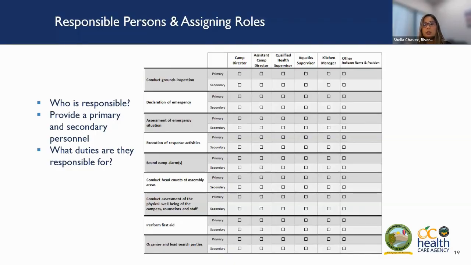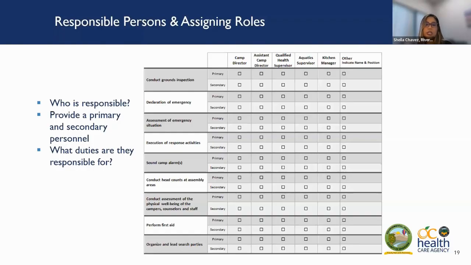And common assignments include the health supervisor, who typically leads illness investigations and medical response, the camp director, who is responsible for operational decisions and communication, and designated backup staff to ensure continuity if someone is unavailable. And these response plans should clearly outline the responsibilities, such as identifying and reporting illness or outbreaks, isolating sick campers and staff, communicating with parents and leadership, and also notifying the local health department when required.